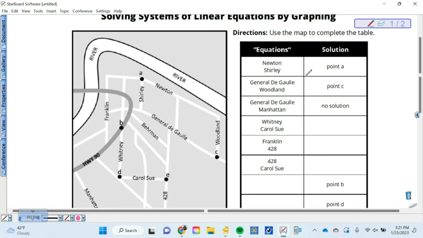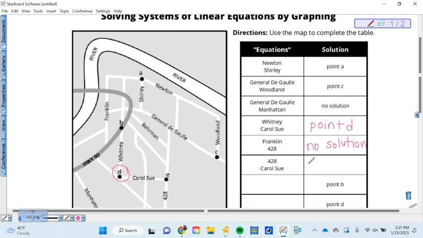Point D. Perfect. Right, Whitney's right here, Carol Sue's right here, point D is right there. What about Franklin and 428? Exactly, no solution. They never intersect.